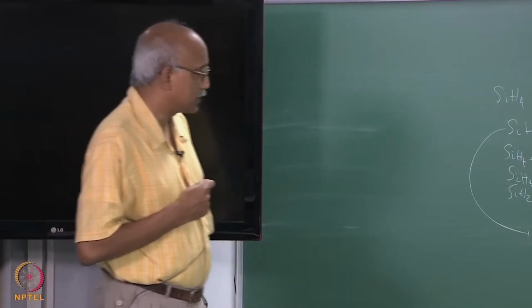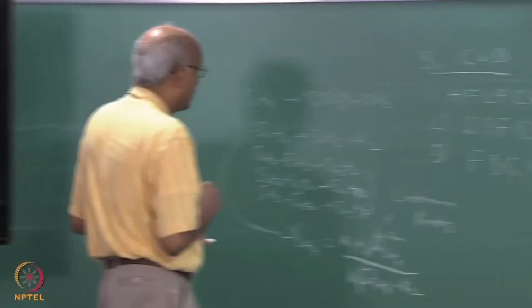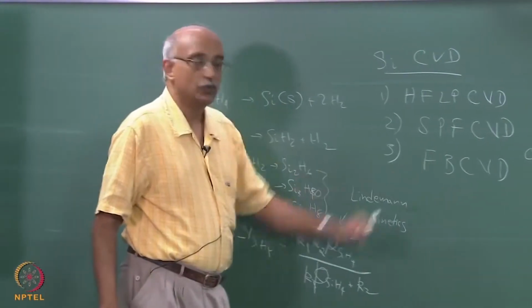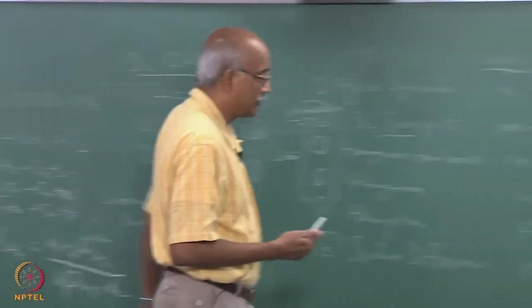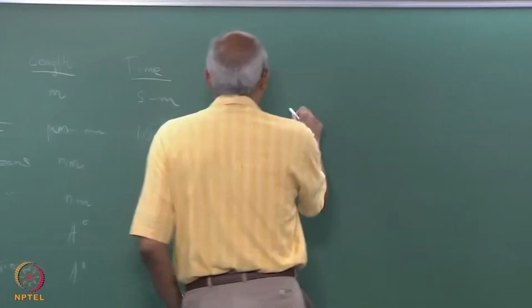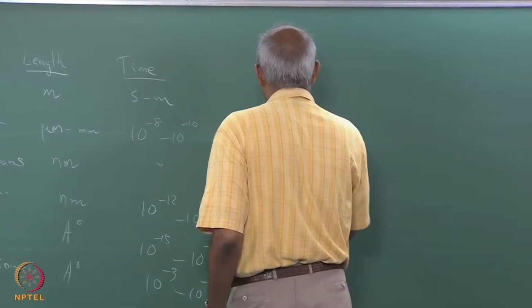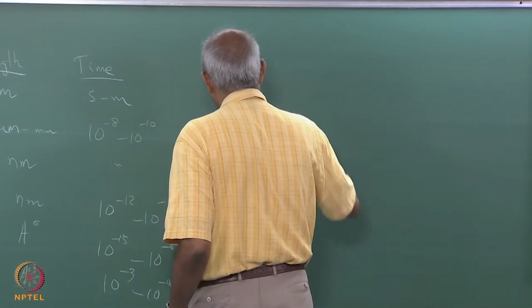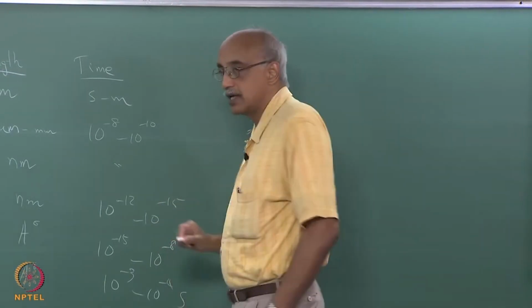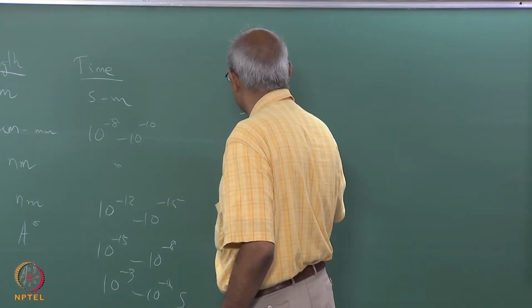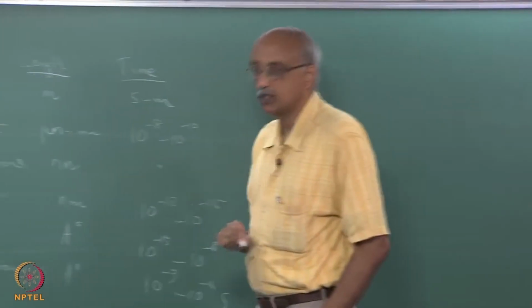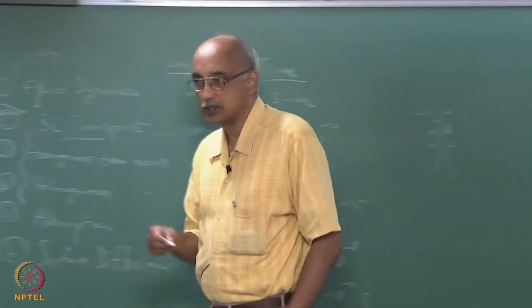Now, if you look at, for example, what is happening inside a fluidized bed CVD reactor. As I said, the fluidized bed CVD reactor is one where you have particles in a bed and you are flowing the reactive gases over them, and the silicon deposition occurs as a thin film around the particle surface.